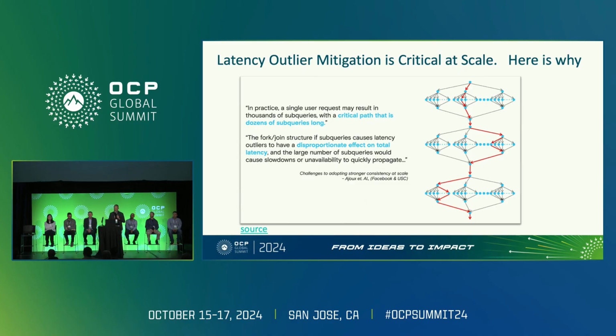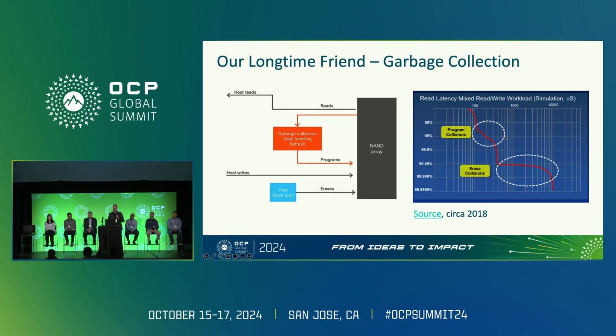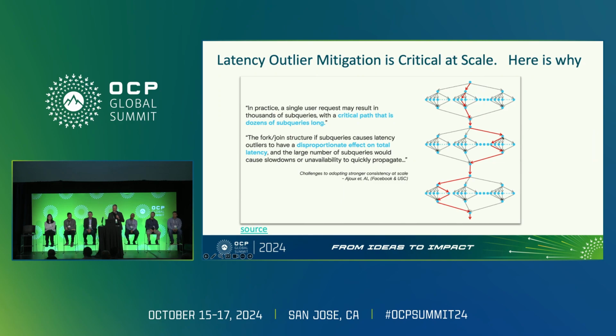If you have a latency outlier at even one of these points, all of those other queries can't realize the benefit. This is why, especially in a hyperscale environment, latency outliers are critical to manage. And as we've said, the garbage collector, with all of its 800-pound gorilla-ness, is impacting the latencies.